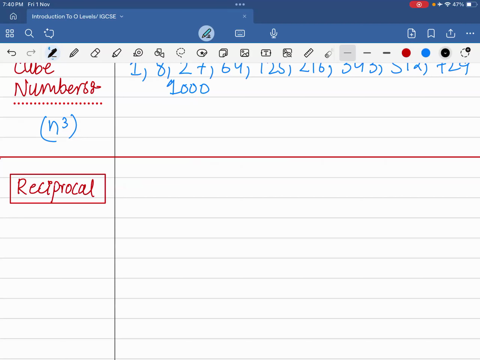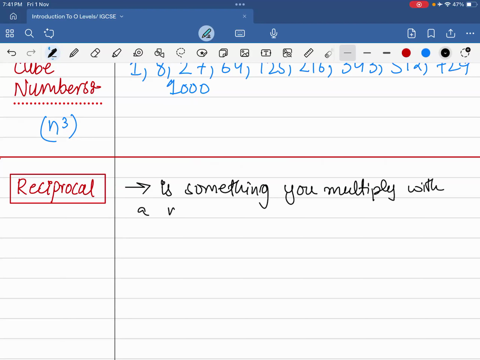Let me write here that a reciprocal is something you multiply with a number to get 1, ताकि आपको रिजल्ट 1 मिले.